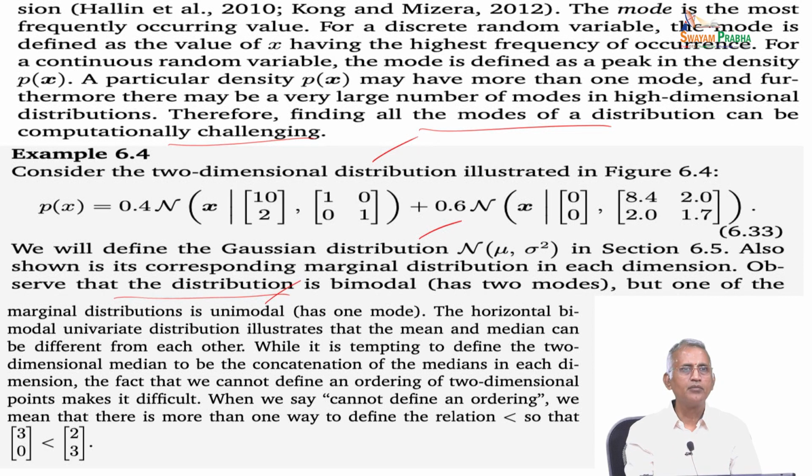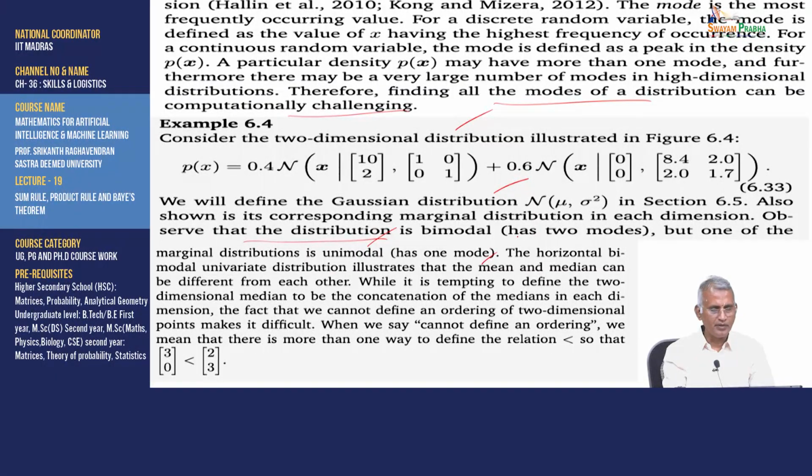So, the horizontal bimodal univariate distribution illustrates that the mean and median can be different from each other. While it is tempting to define the two-dimensional median as the concatenation of the medians in each dimension, the fact that we cannot define an ordering of two-dimensional points makes it difficult.